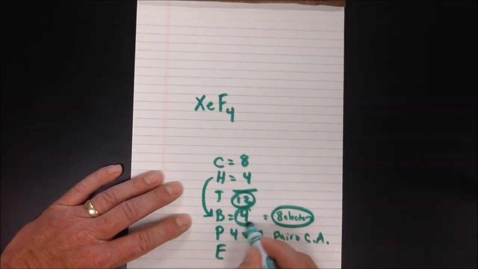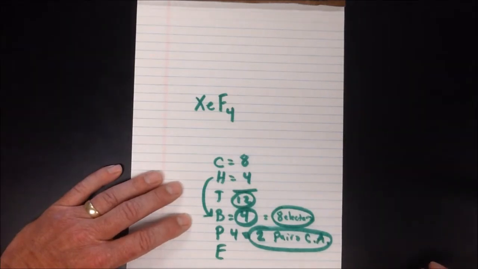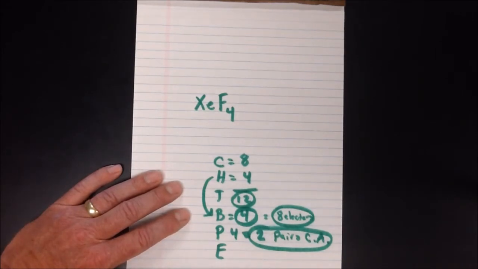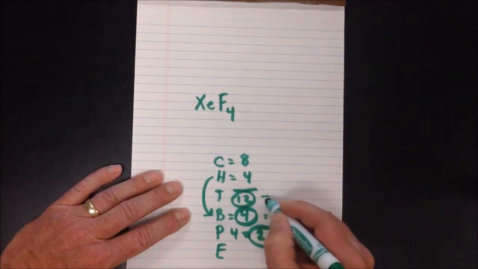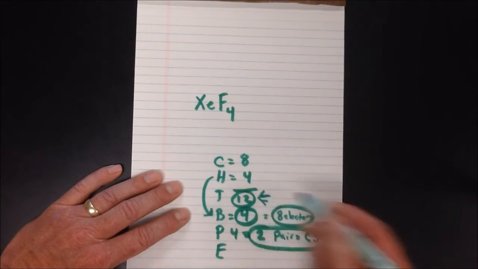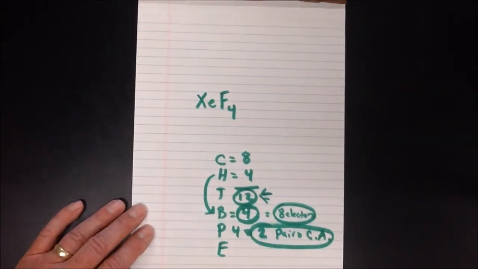So I'm going to have 4 bonds and 2 pairs of electrons on the central atom. 4 bonds, 2 electrons per pair, total of 8. 2 pairs, 2 electrons per pair, total of 4. 4 plus 8 is 12, which is what we have here that it tells me there will be on the central atom. 12 electrons around the central.